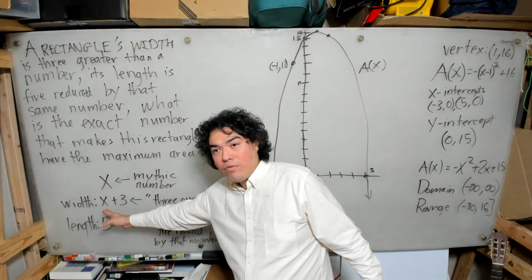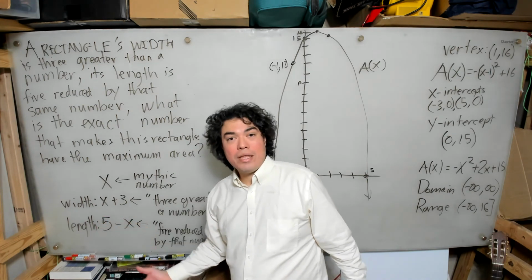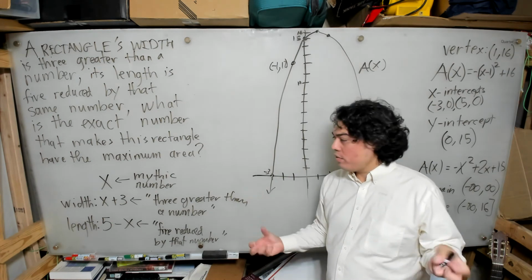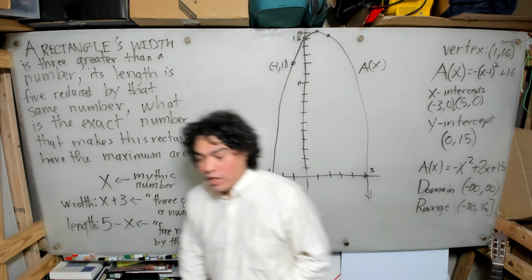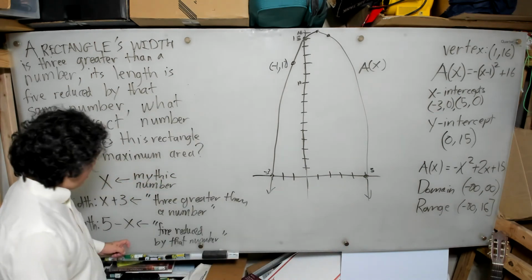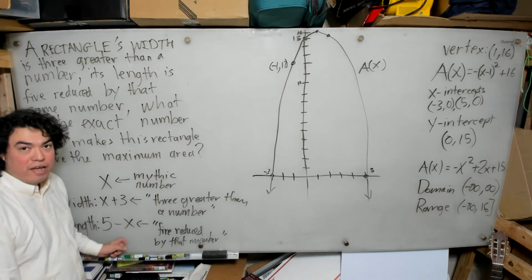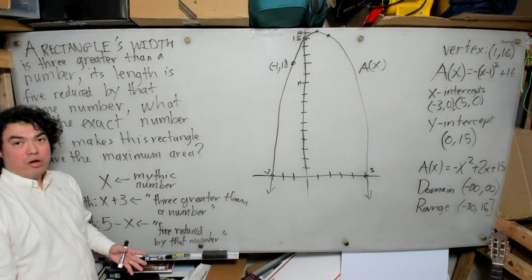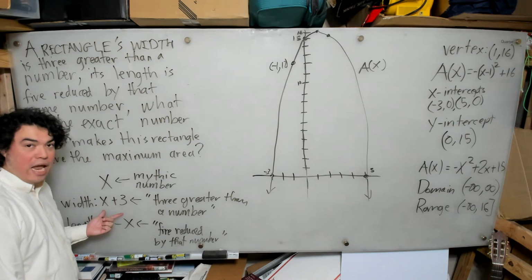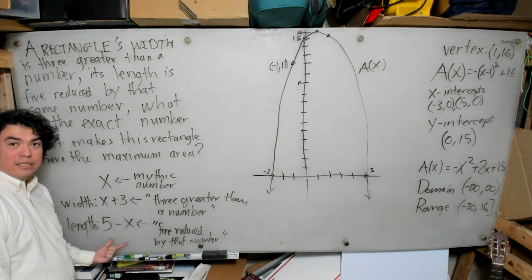But once I reach negative 3 plus 3 is 0. That causes a degenerate rectangle. It's a rectangle with basically no width. And on the other hand, if I let it reach x equals 5, we can see that the length, which is 5 minus x, would become 5 minus 5 again. So that would correspond to a width that is okay, 8, but a length that is 0.